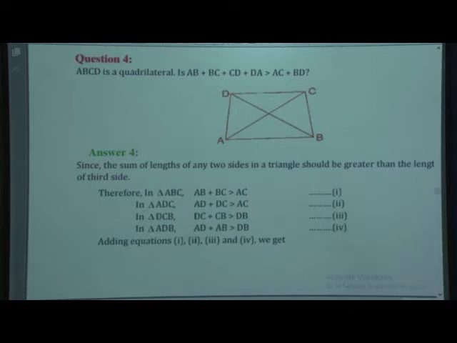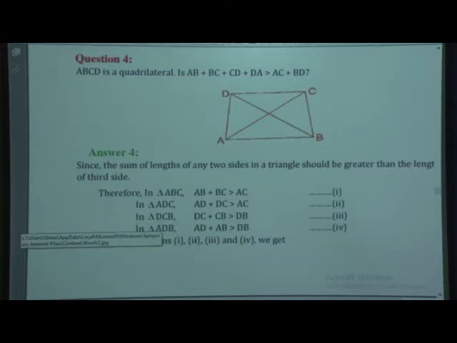In triangle ACD, we have to consider this triangle A, C and D, which is opposite to this triangle. So in that, AD plus DC is greater than AC. We are writing these as 1 and 2 in the form of equations, because we have to add all the equations.